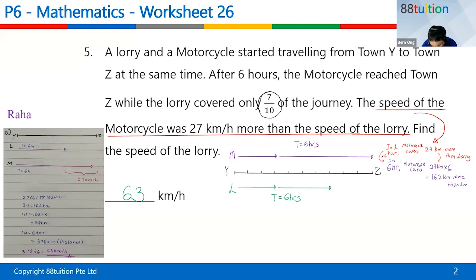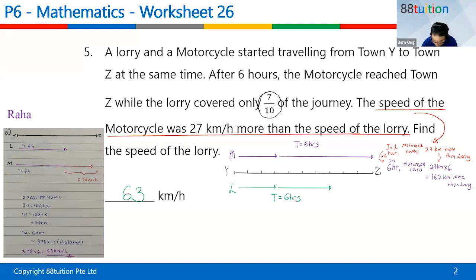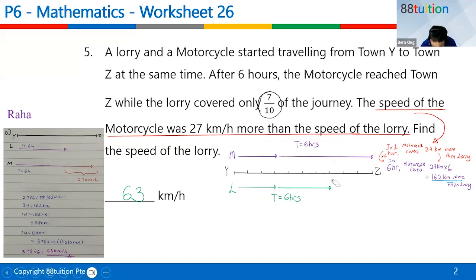Here comes the question, children. Where is this 162? Where is this 162 more? Can you see? So remember the story, the motorcycle reached the final destination. Our lorry is only down here. So can you see now? There is a difference in distance, which is from here to here.